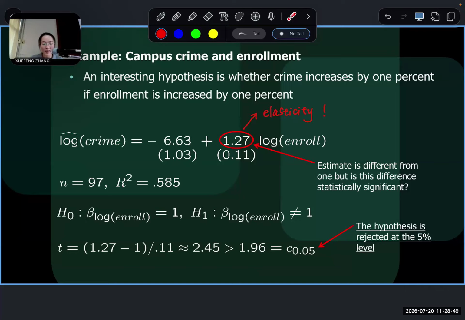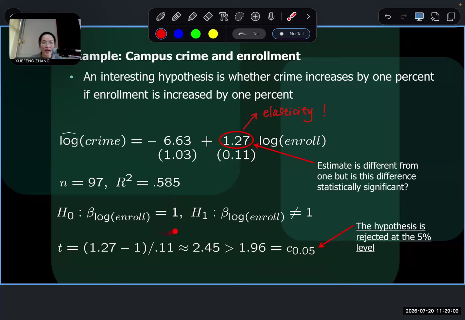Okay, so there is our interesting question. Is this effect exactly proportional? What does it mean? What is the meaning of proportional? It means, does crime increase by exactly 1% when enrollment increases by 1%?